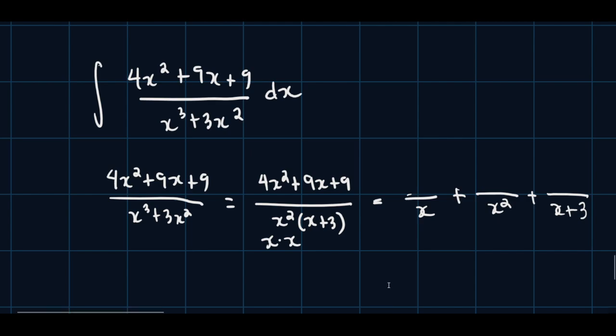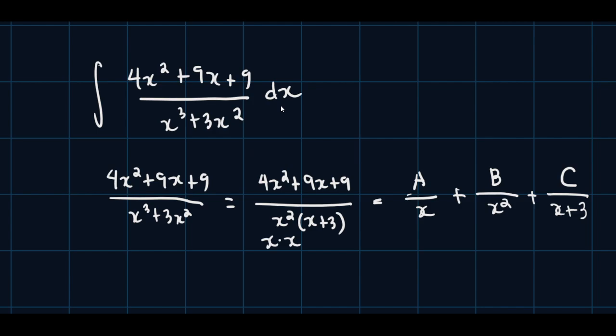Now, yung difference nito, since this is a repeated linear factor, hindi na natin kailangan i-treat ito as a quadratic, as an irreducible quadratic term. Okay? So, same pa rin na ang placeholder natin dito is A, dito naman is B, and dito is C. Okay? So, we just proceed.